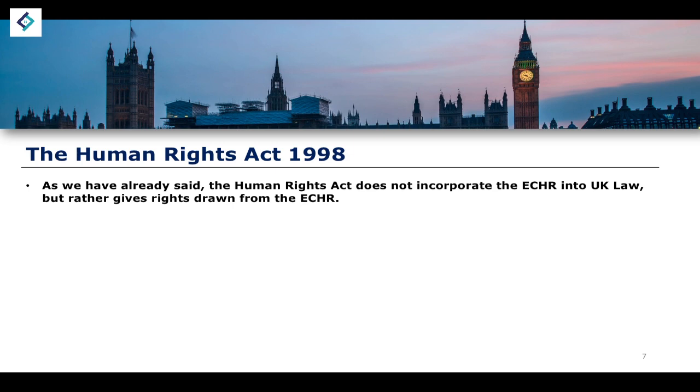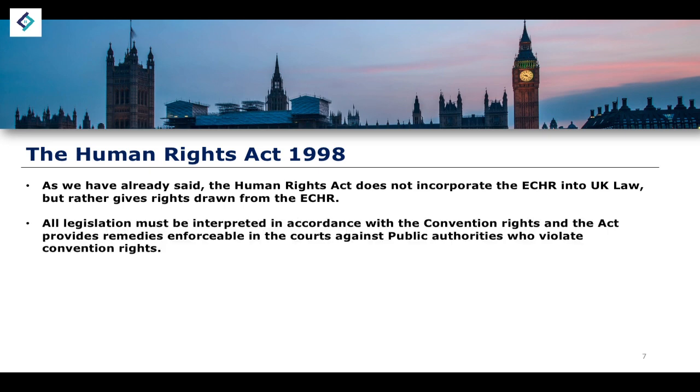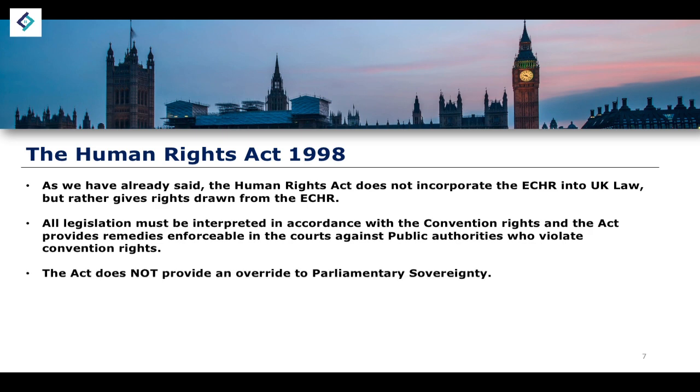As we've said already, the Human Rights Act does not incorporate the European Convention on Human Rights into UK law, but rather incorporates rights into UK law that are drawn from the European Convention on Human Rights. All legislation must be interpreted in accordance with the Convention rights, and the Act provides remedies enforceable in the courts against public authorities who violate these rights.